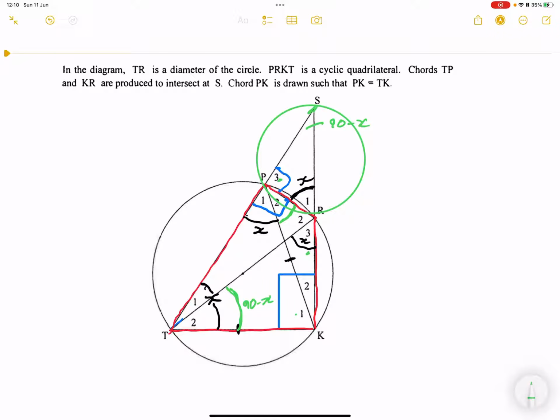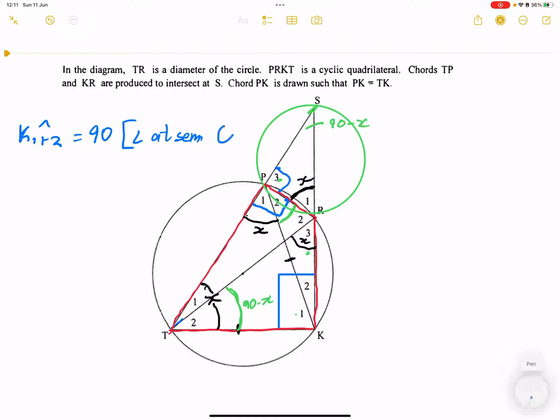Okay, so how we got there is that first we found angle K1 and K2. And we said, okay, I'm just going to change the color there. So we knew that K1 plus K2 is equal to 90 degrees. And why is that? This is angle at semicircle.